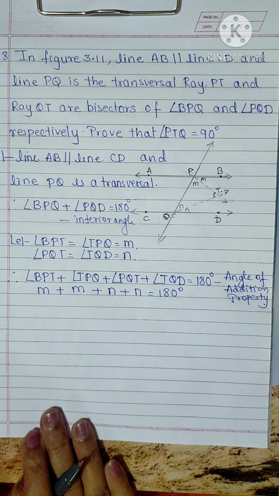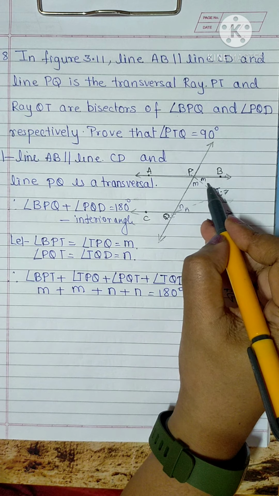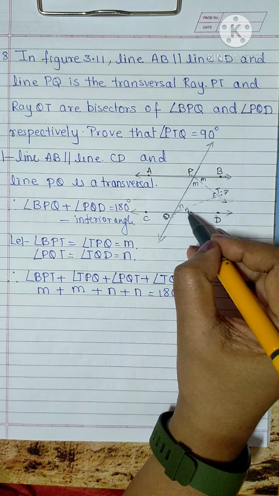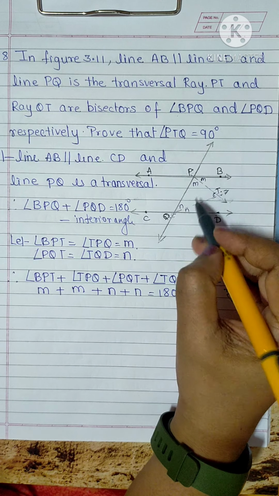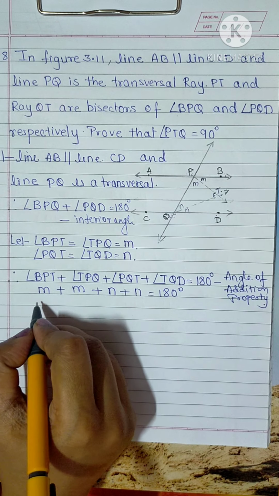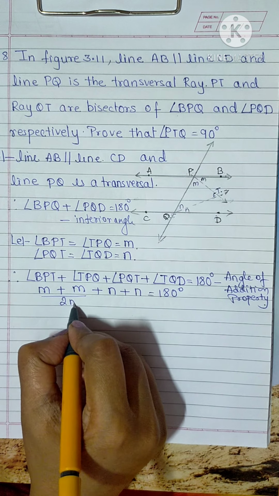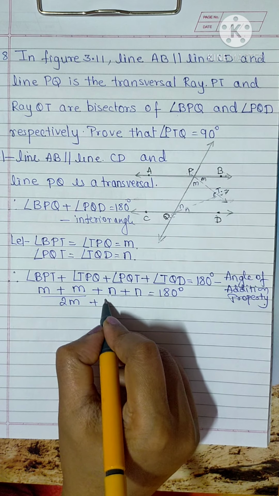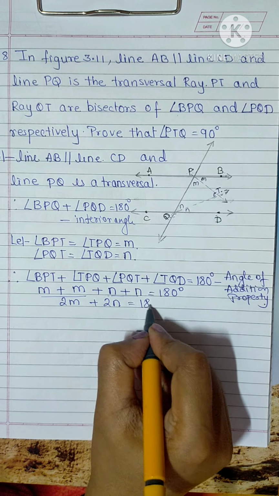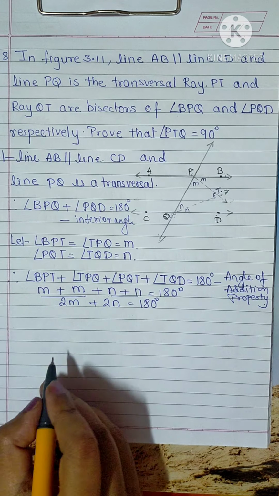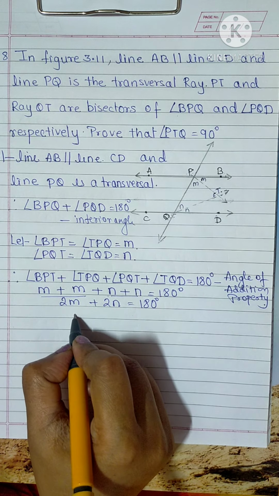I hope you are understanding. You can take any alphabet. I have taken M and N here. You can take X and Y also. So now this is 2. After adding, 2M plus 2N equal to 180 degrees. Now we'll take 2 as common.